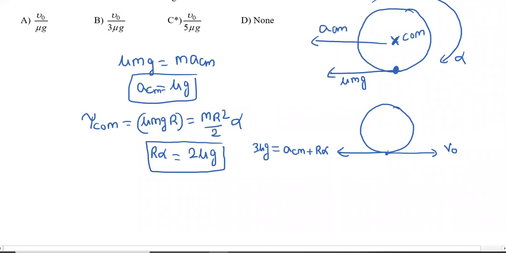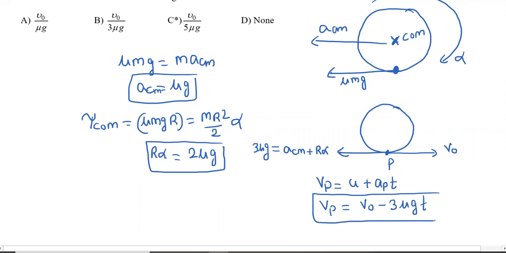So velocity of this point, let's say this is p, at any instant of time can be written as v equals u plus at. So velocity of point p is v naught minus 3 mu g t. This is the point of contact velocity as a function of time.